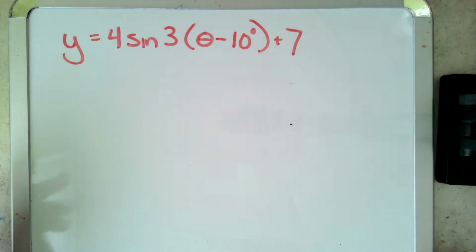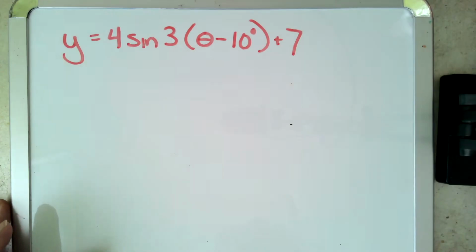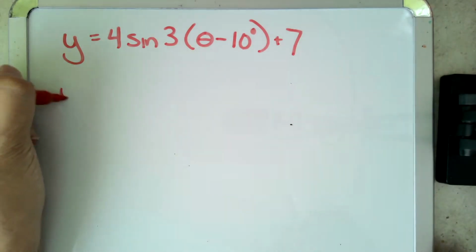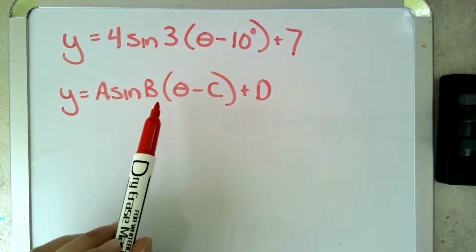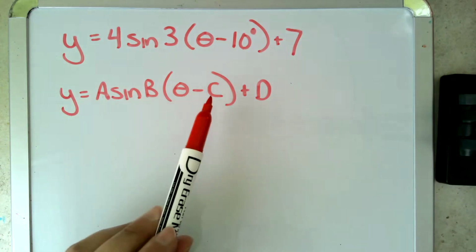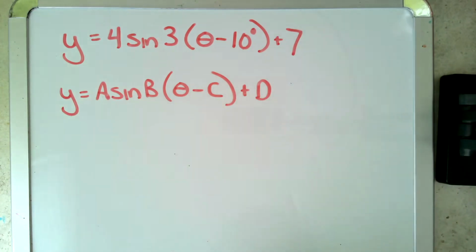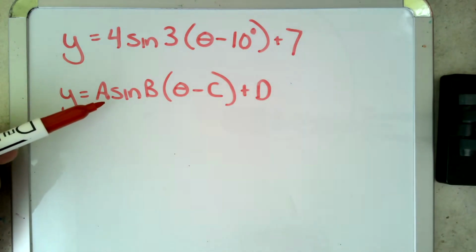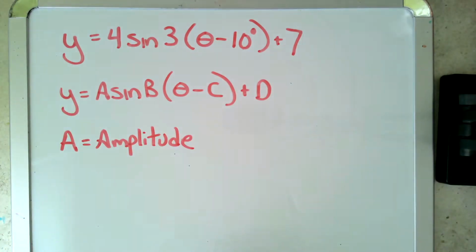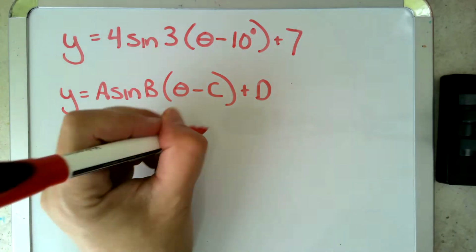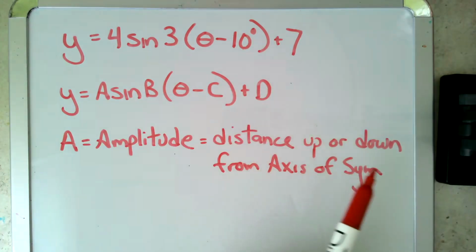Okay, so we're going to use this equation as our example to start to figure some of this stuff out. First, let me let you know the parent equation looks like this: y equals A sine B of theta minus C plus D. So our A is the amplitude, and amplitude is defined as the distance up or down from the axis of symmetry.